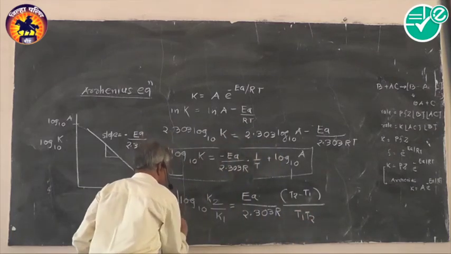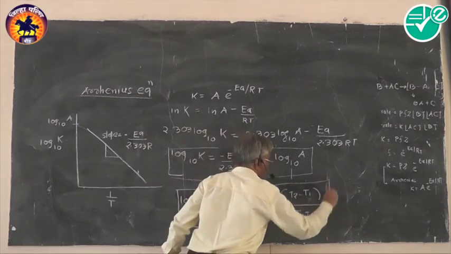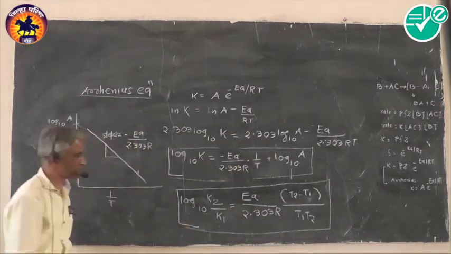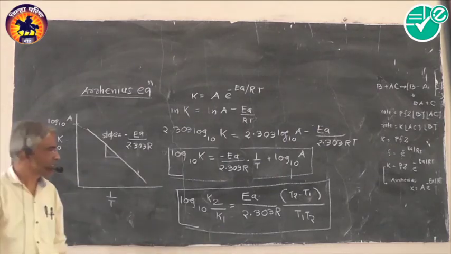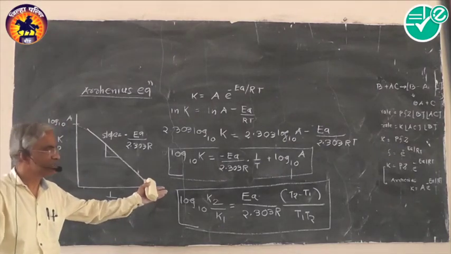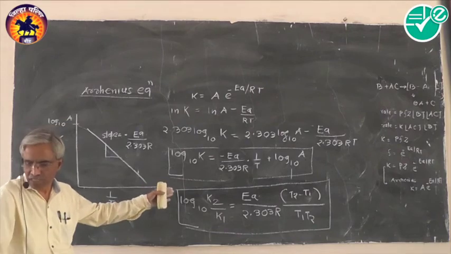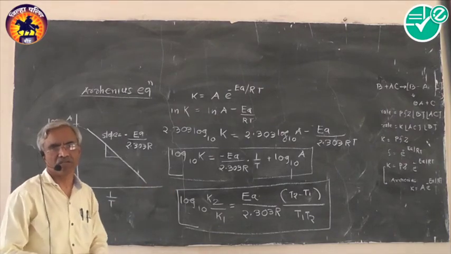So this is the Arrhenius equation. If we have two rate constants at two different temperatures, by changing the temperature, if we can have these values, then by this equation we can compare it. It is called the Arrhenius equation.